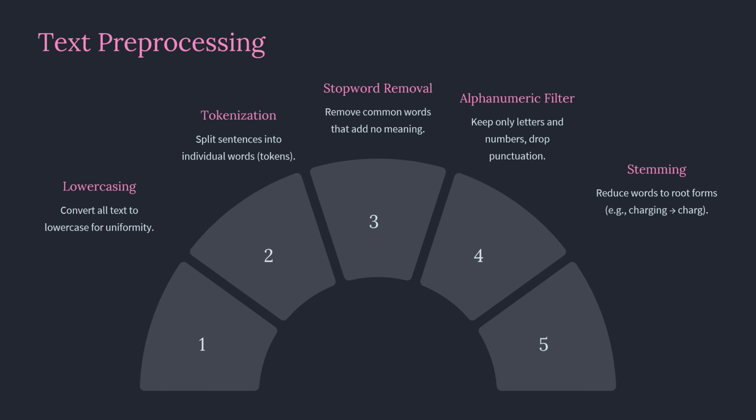The next is stop word removal. Words like is, on, the get dropped. They do not carry meaning. Alphanumeric filter. We drop punctuation and special symbols. The next is stemming. We reduce each word to its root form. These steps normalize the text and focus on the words that matter.